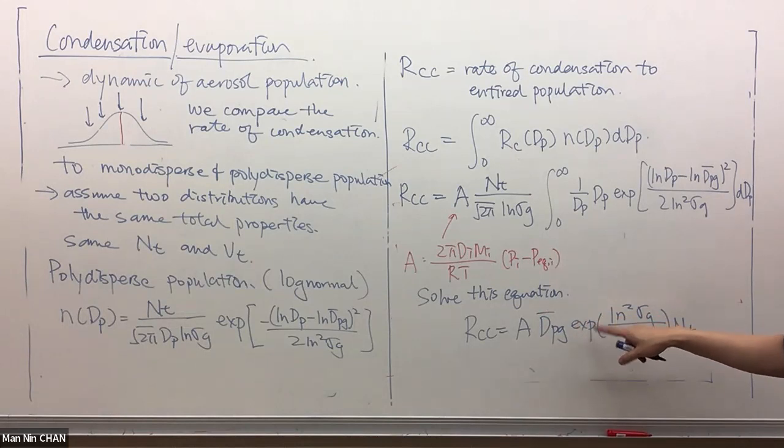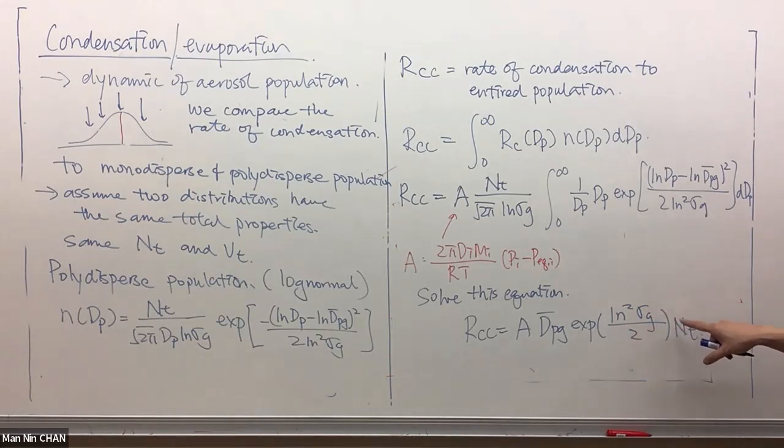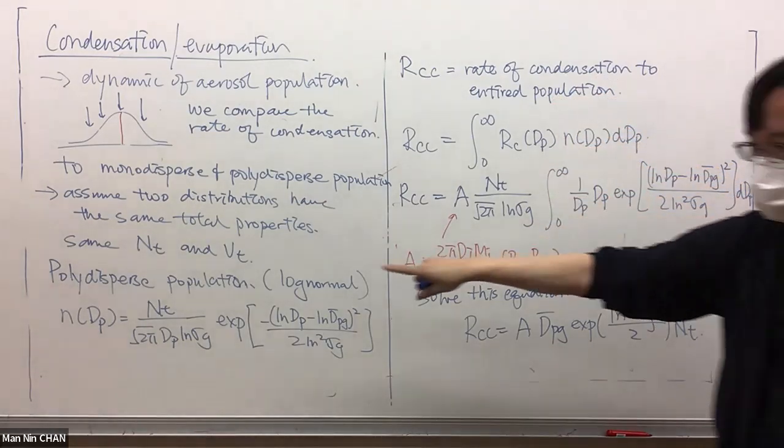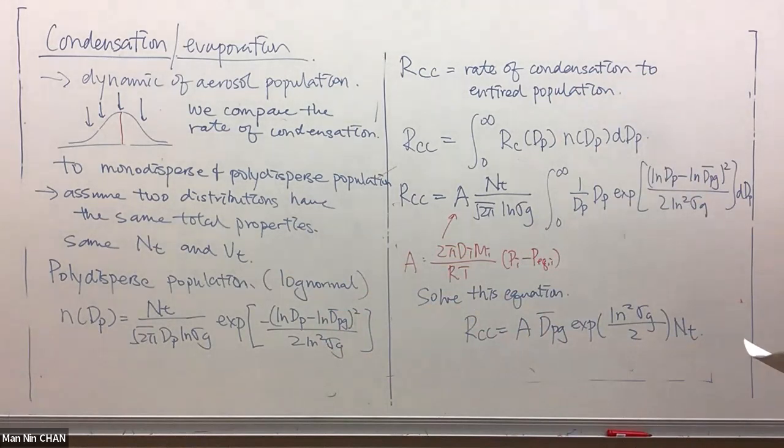And then you times the exponential, related to this ln squared of sigma g, where sigma g is the geometric standard deviation of your aerosol population, divided by 2, times the Nt here. Okay, and then this is the equation for the rate of condensation to an entire polydispersed population in this case. So this is your RCC.